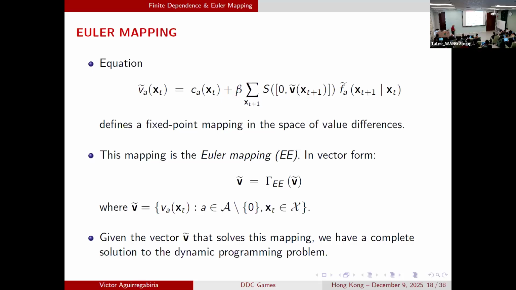In vector form, this describes a mapping from a vector of value differences into value differences. Once we have value differences, we have choice probabilities, the unconditional values, and we have everything. Then a fixed point of this mapping defines a solution of the dynamic programming problem.